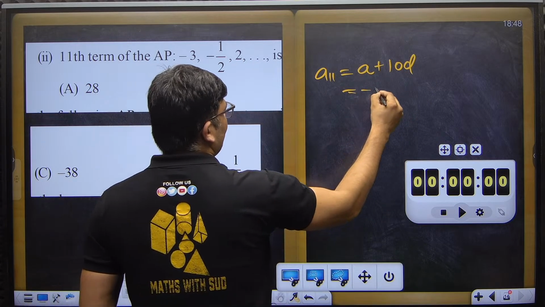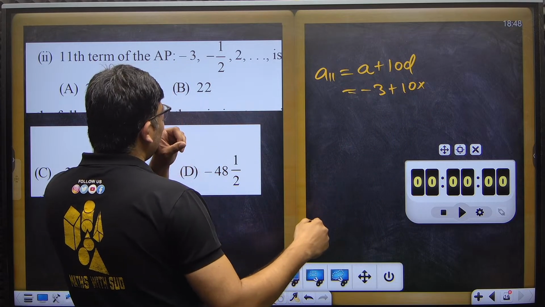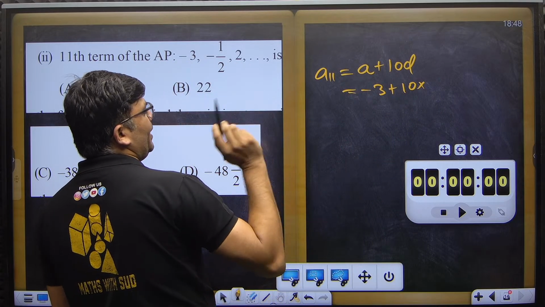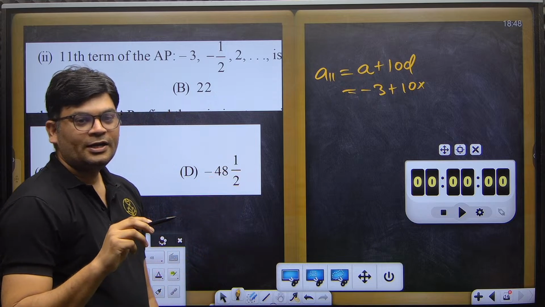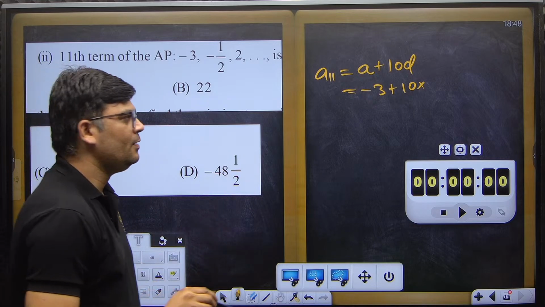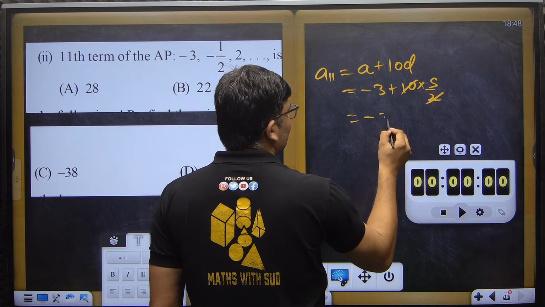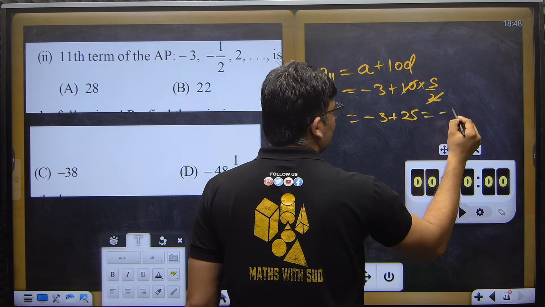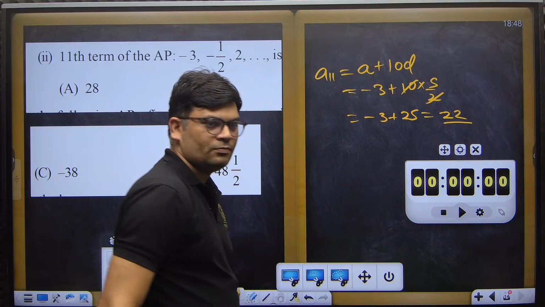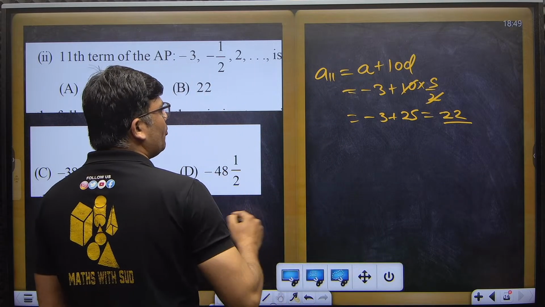What is a? Minus 3. 10 is 10 only. D is how much? D is 5 by 2. Are you getting it? Everybody got 5 by 2 only? So minus 3 plus 25. How much, beta? 22. Asad, you must have had a problem because you did not know d.